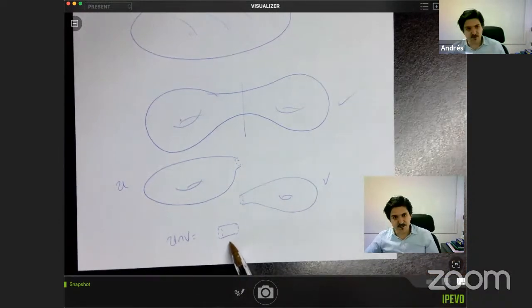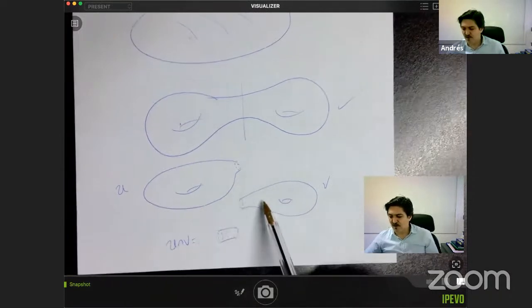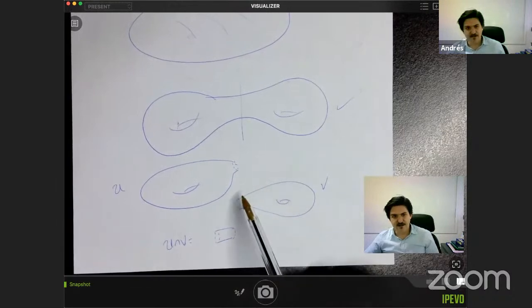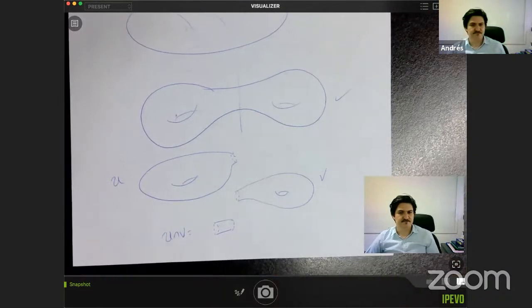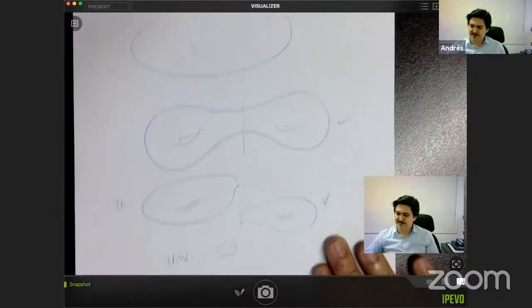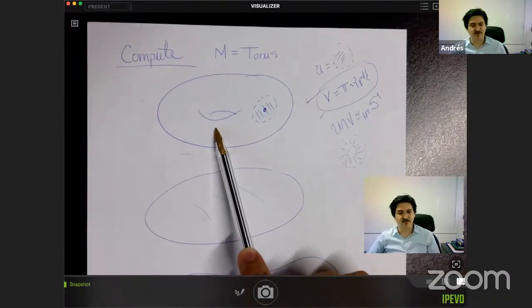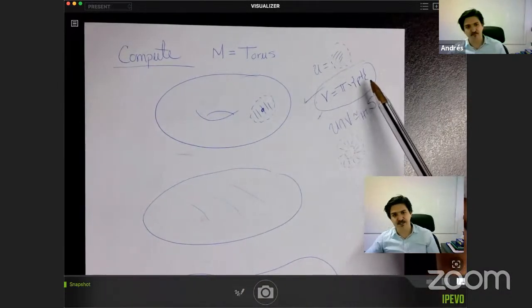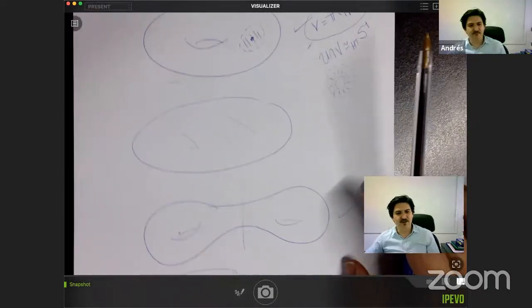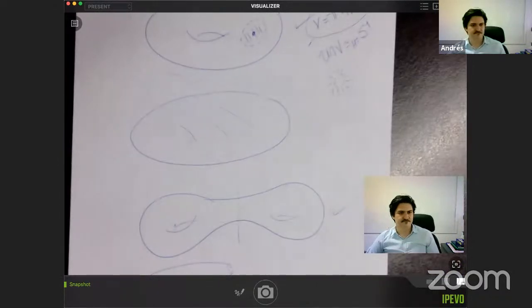We know this is the homotopy type of the circle. We will compute the cohomology of this, and that will help us to compute the cohomology of this. Okay? So first we compute the cohomology of the torus, then we compute the cohomology of the torus minus a point, and then we can proceed for this one. So we will do that tomorrow.